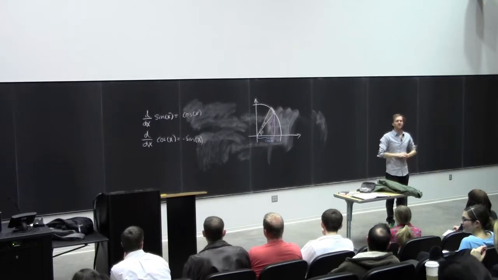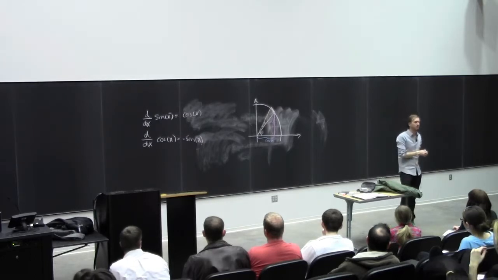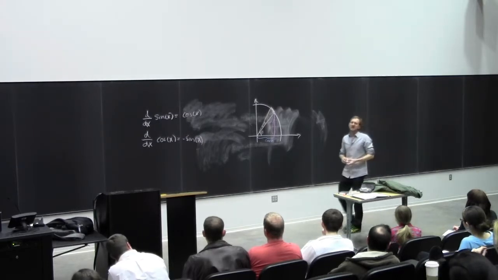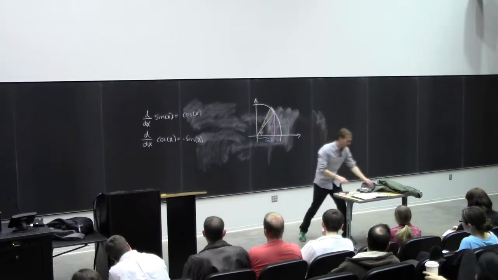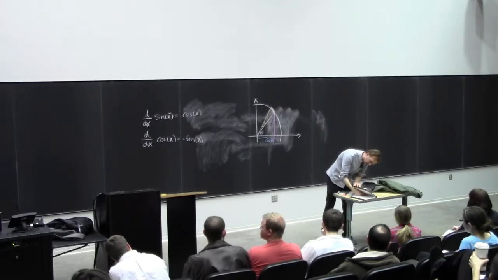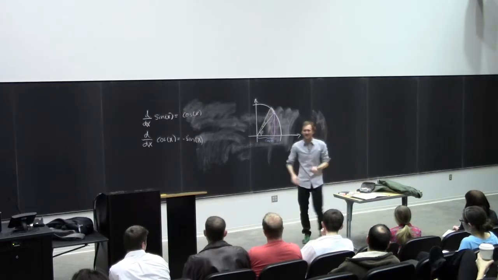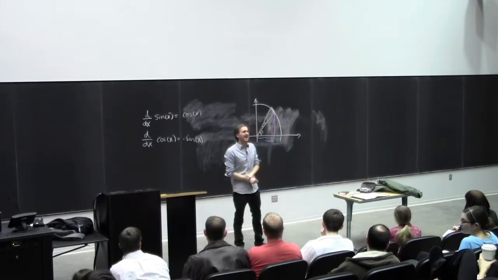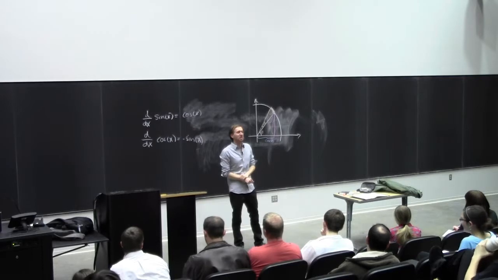I cannot be emphatic enough about this. You must work in radians from now on because, as we'll see on Monday, your answers will change in complicated ways if you start using degrees at the wrong time.